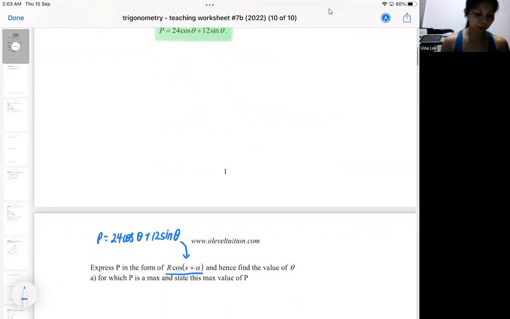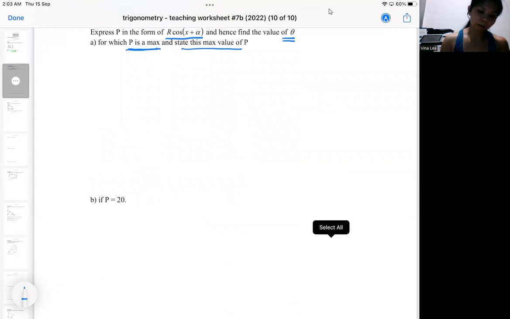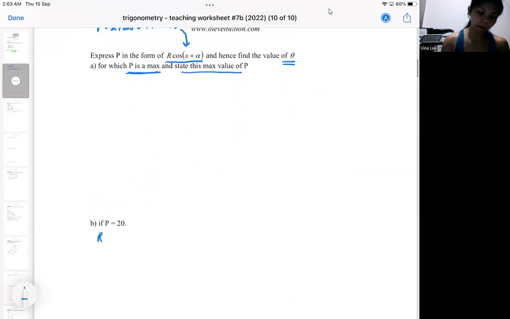And after the conversion, find the maximum value and find the corresponding theta. And you can also use your converted R formula to solve for parameter equal to 20.